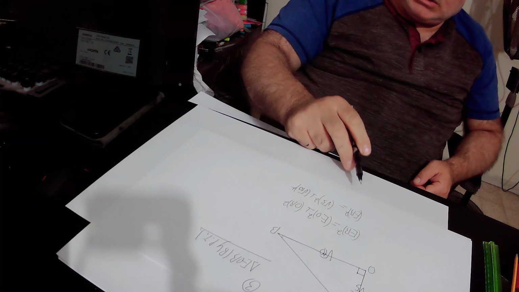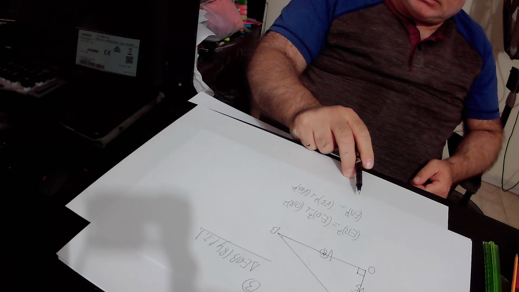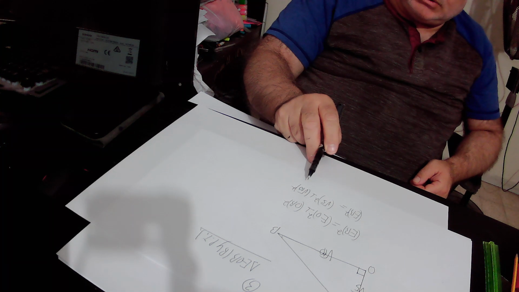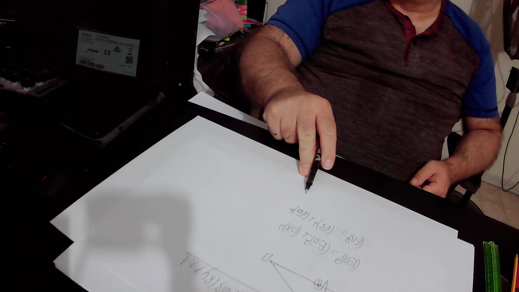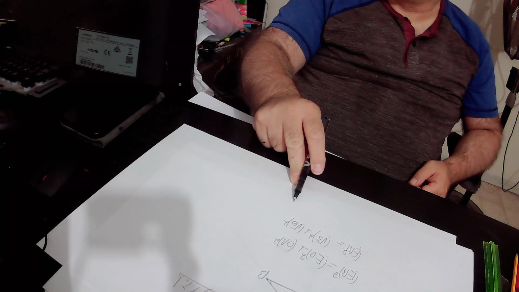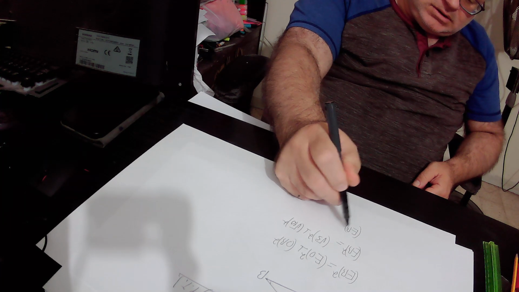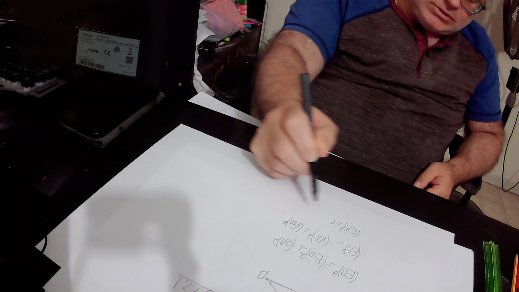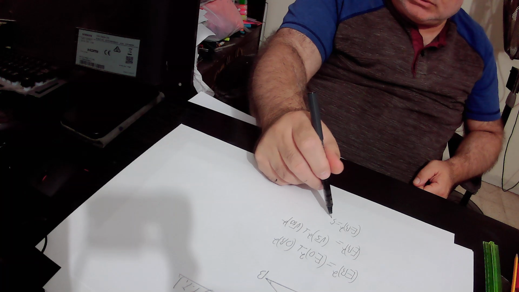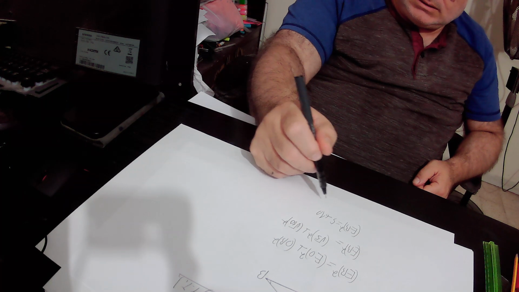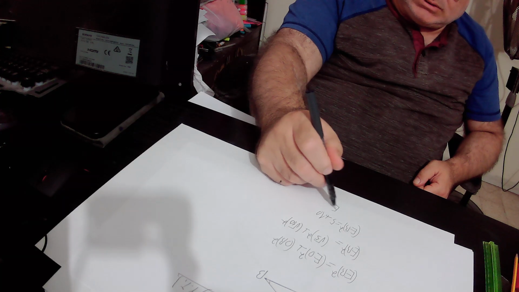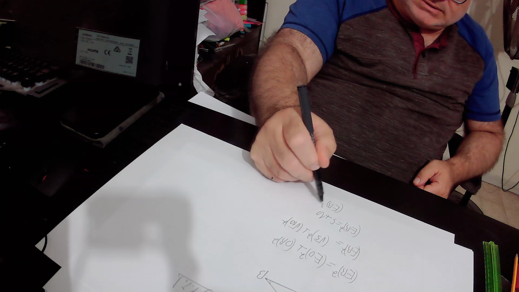So EB squared equals the square root of 5 squared plus the square root of 10 squared. The square root of 5 squared equals 5, of course. The square root of 10 squared equals 10, so it is 5 plus 10. That is to say, EB squared equals 15.